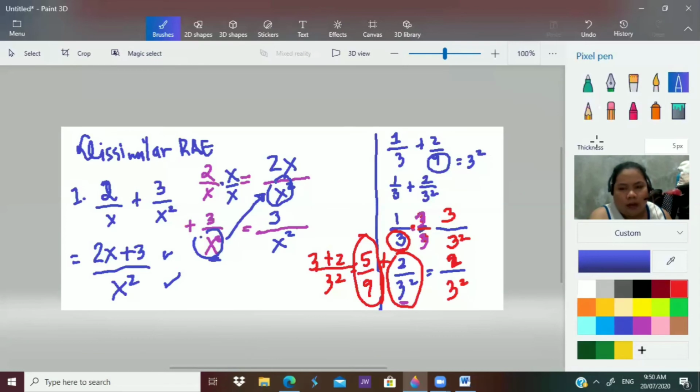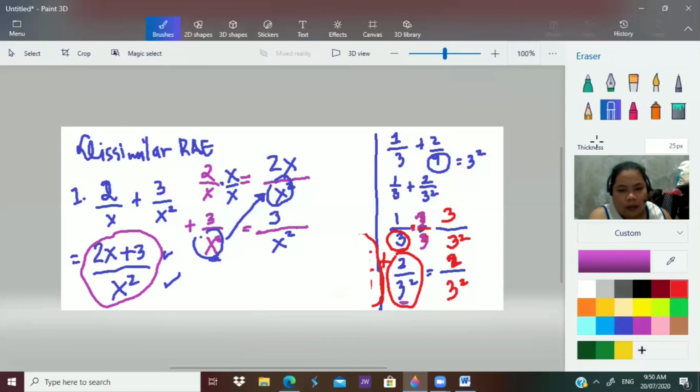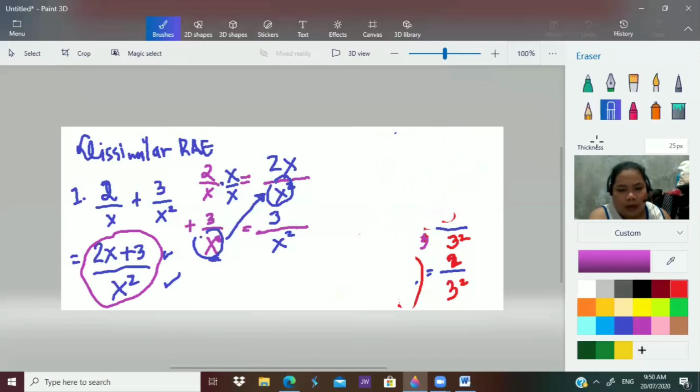Ibig sabihin, yung kanilang common factor na lang ay 1. So, therefore, ito na yung ating answer. Sa nakaraang video ko, sinabi ko na kapag relatively prime na siya, that's the time mag-i-stop na tayo sa pagfa-factor. So ibig sabihin, our answer here is in lowest term.